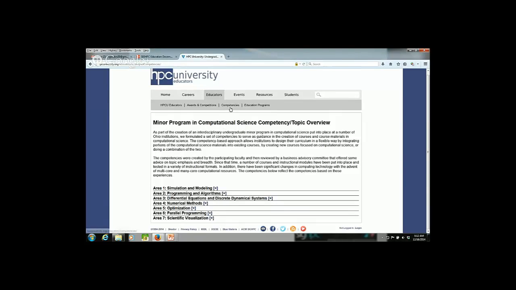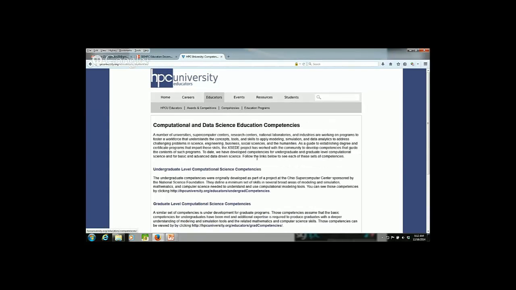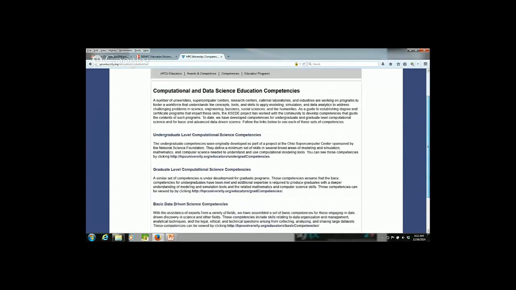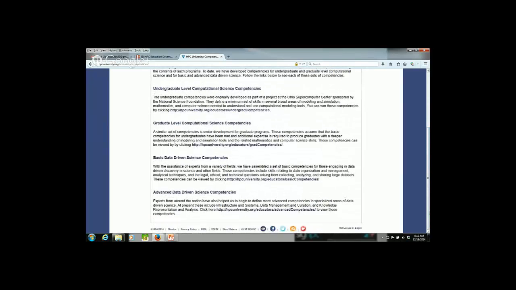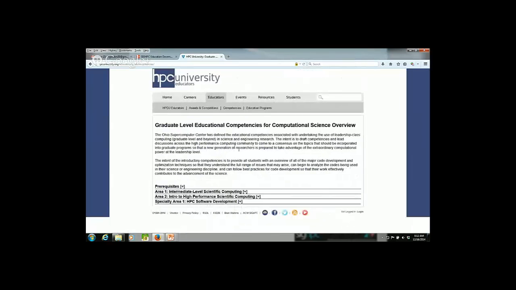So as you can see, these are very similar in structure for the graduate level competencies, which aren't as detailed at this stage, but they at least get at some of the technical competencies in scientific computing and high performance computing.